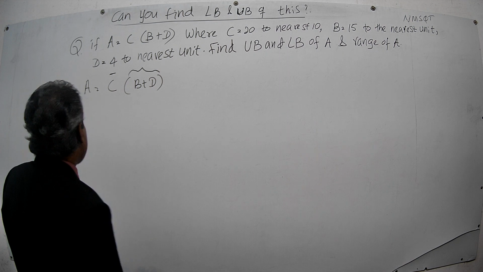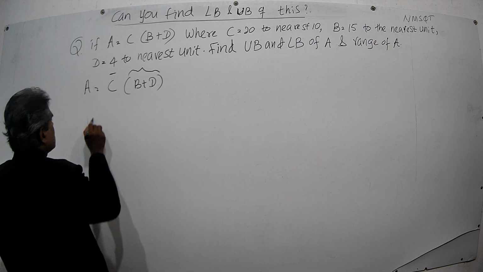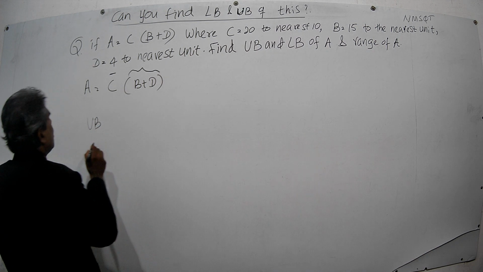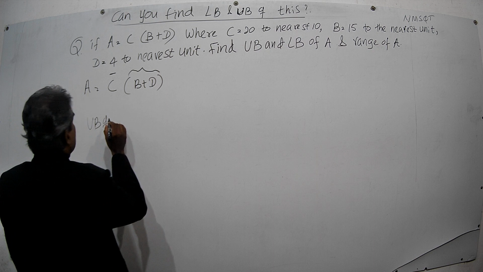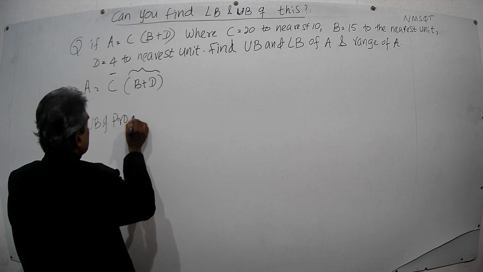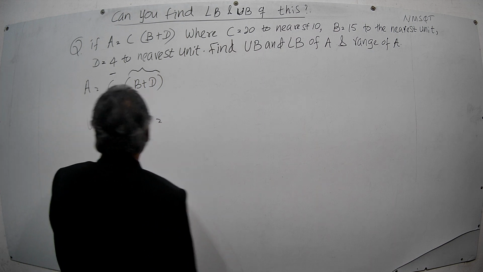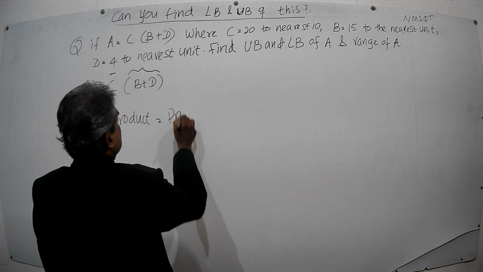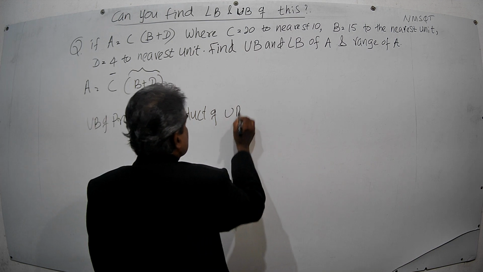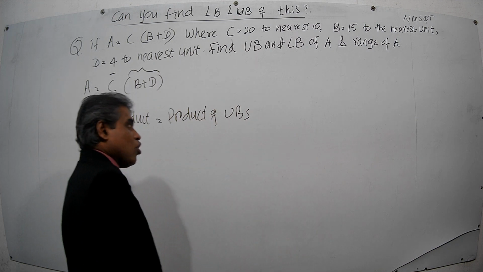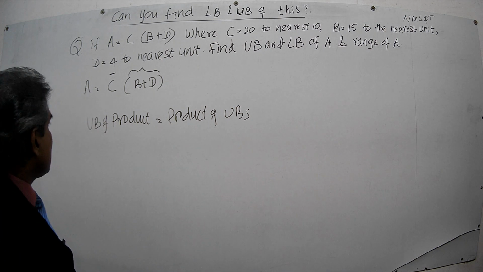So now you know how to find the upper bound of a product. Upper bound of a product equals the product of upper bounds of the numbers that you multiply. Now you apply that to this one.